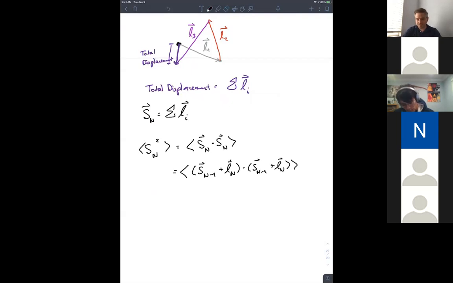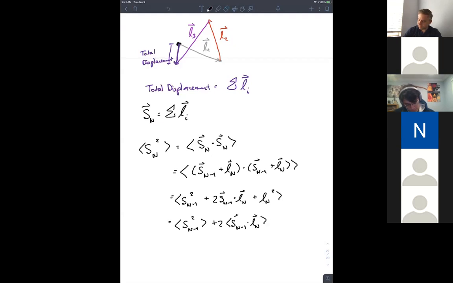Now I just distribute through my dot products, and I get s sub n minus 1 squared plus 2 s sub n minus 1 dot L sub n vector plus L sub n squared. Again, I distribute through my brackets.